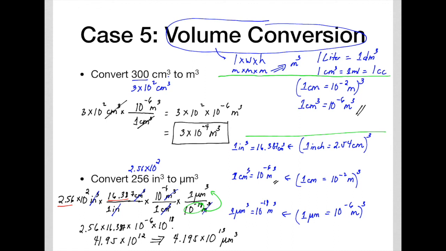Now, since I only have 3 significant figures as my given, let me check it again. So this 256 only has 3 significant figures. And then therefore, I should round off my answer to 3 significant figures, and that is 4.195.